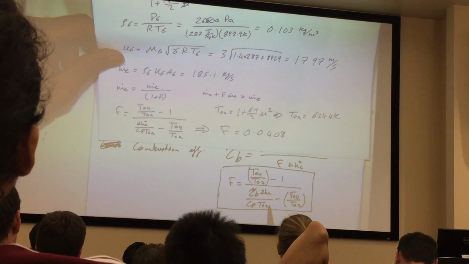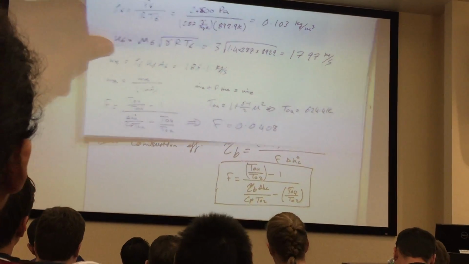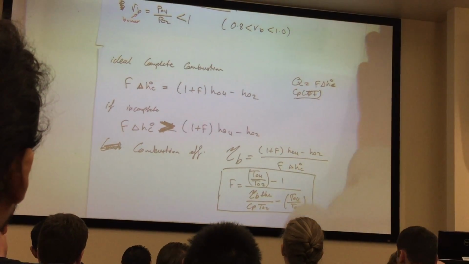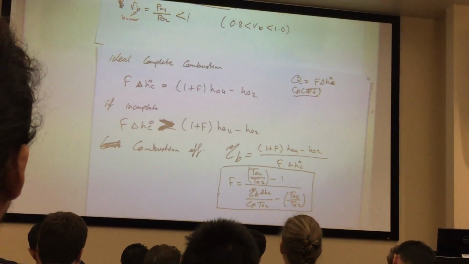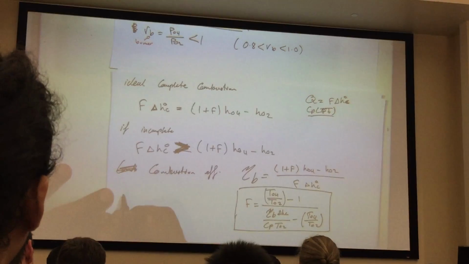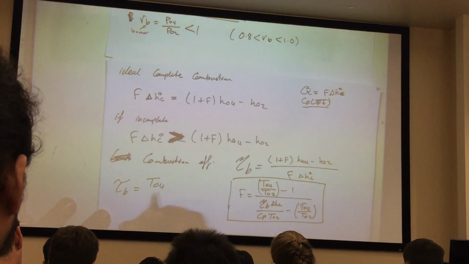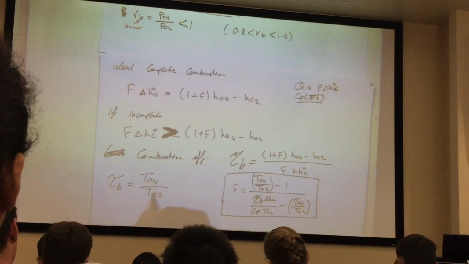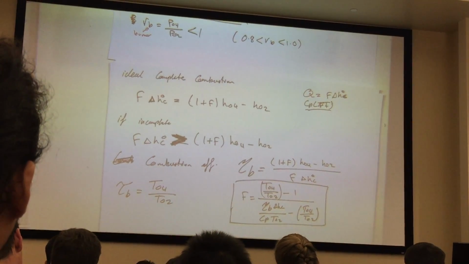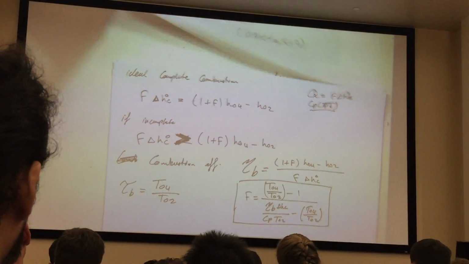It's exactly the same as this. The difference is now I have to deal with an efficiency term right there. That's when I'm not burning the fuel air ratio. So same thing, stagnation temperature within the burner is equal to T04 over T02. And that's primarily the losses across the burner.